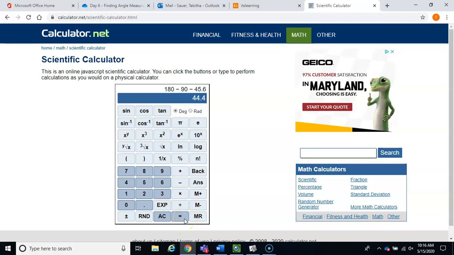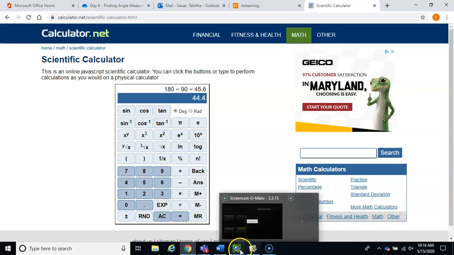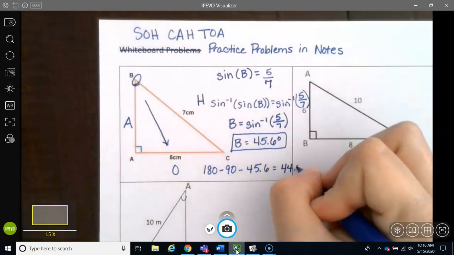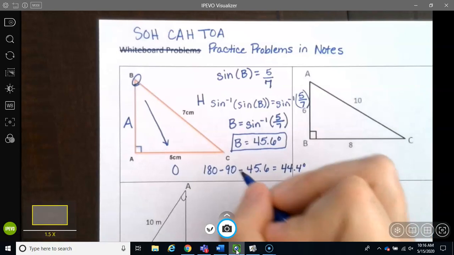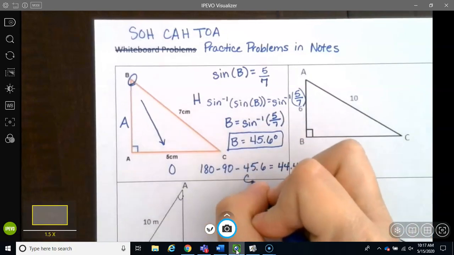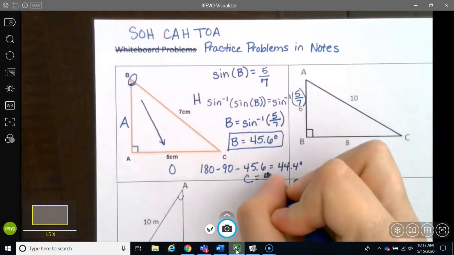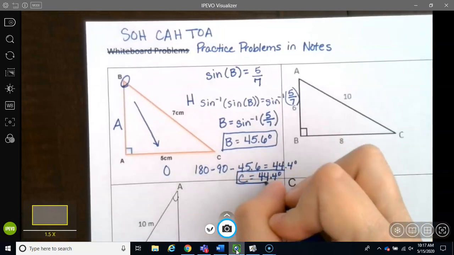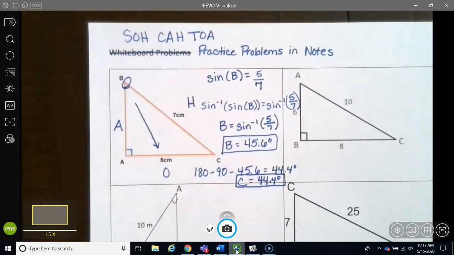And we get 44.4 degrees. So angle C is 44.4 degrees. Okay.